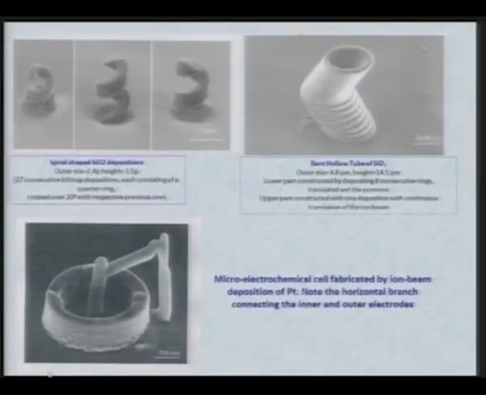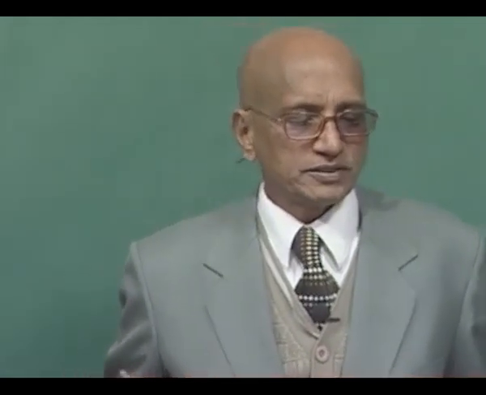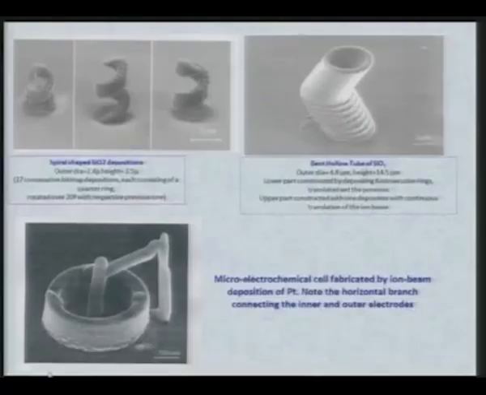Now, these are some of the examples of the products that have been produced at IIT Kanpur. These are the different features of the spring that have been built using focused ion beam setup, and this is another one, a bent hollow tube of silicon oxide, whose outer diameter is 4.8 micron, height is 14.5 micron, and lower part constructed by depositing and conjugative rings translated with respect to the previous one.